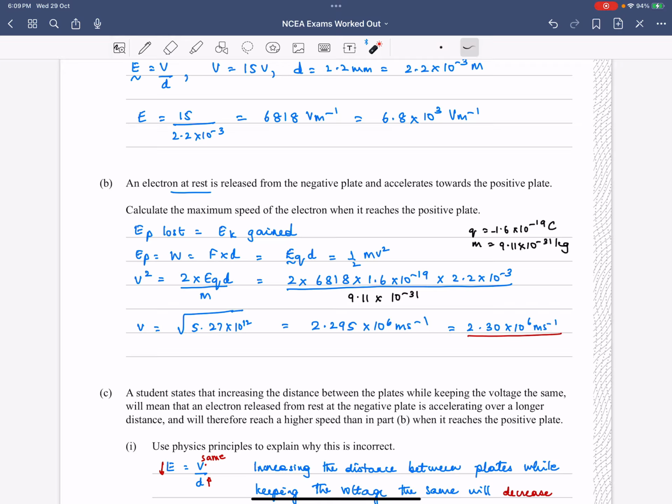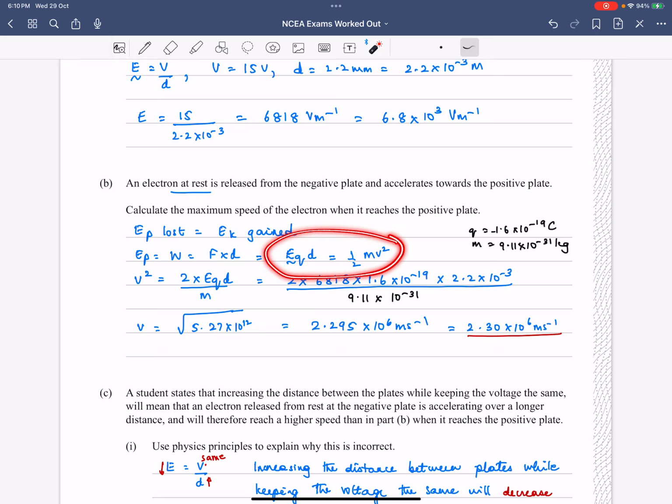The first thing is the electrical potential energy lost is kinetic energy gained. Electrical potential energy is the work done in moving that distance. Work is force multiplied by distance, and force is electric field strength times the charge, and here's the distance, so it's EQd, and that is equal to half mv squared, which is your kinetic energy.